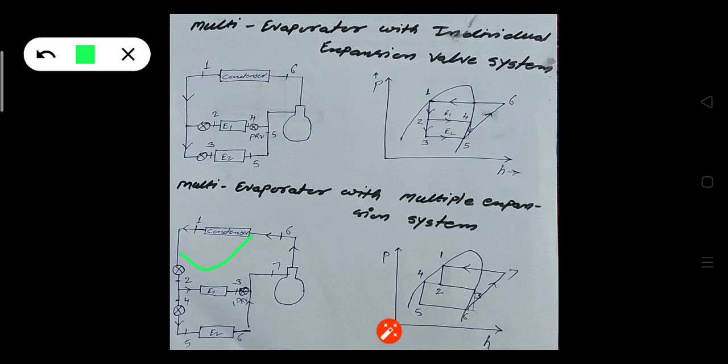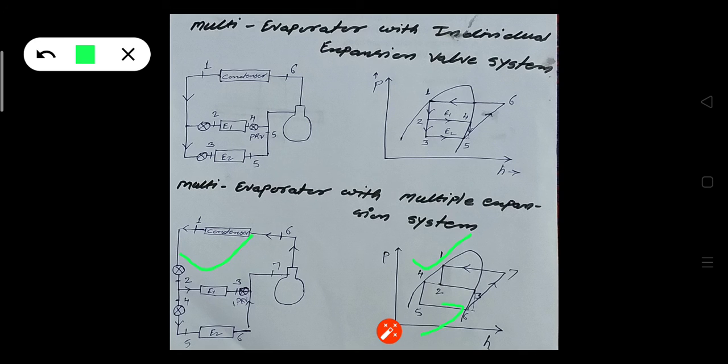That is why the second expansion process takes place from 4 to 5 in the p-h diagram, and then it goes into the lower temperature evaporator E2, process 5 to 6.